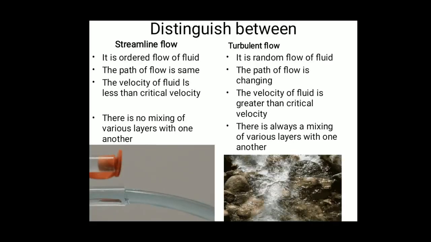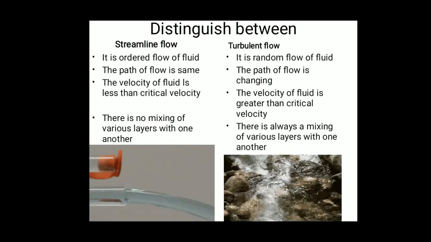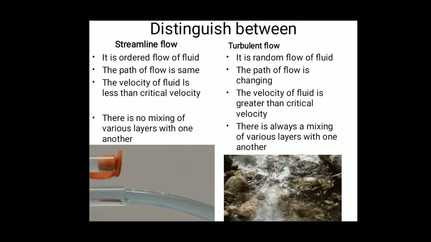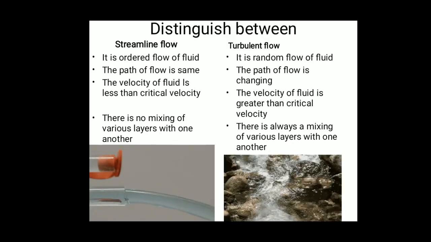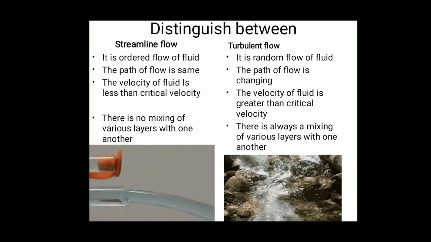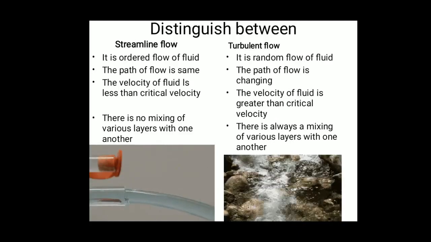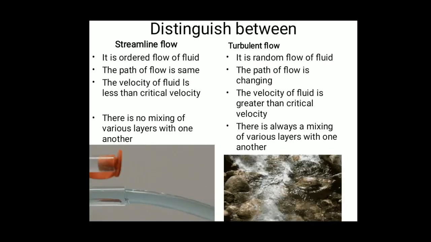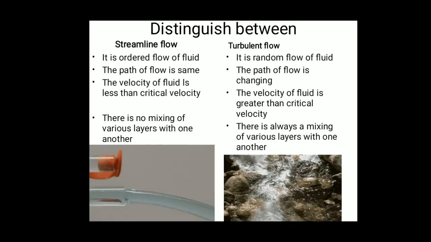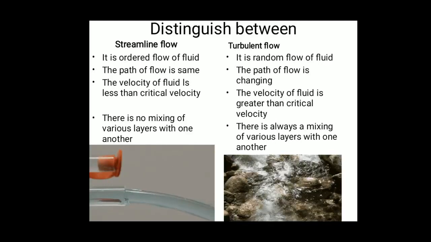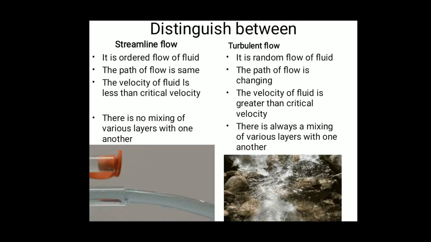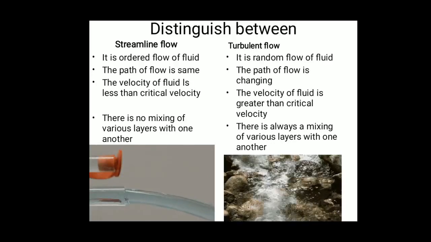And one more important difference is that the liquid has various layers, but there is no mixing of layers with one another in streamline flow. In turbulent flow, there is always a mixing of various layers with one another. So these are the important differences between streamline flow and turbulent flow.